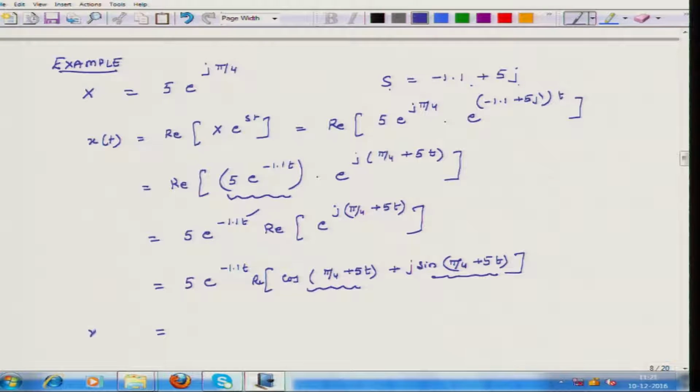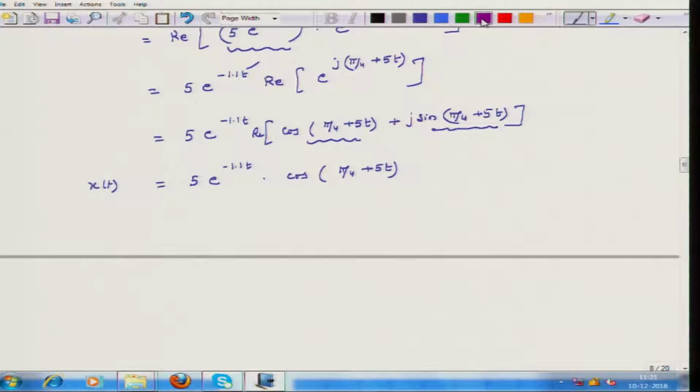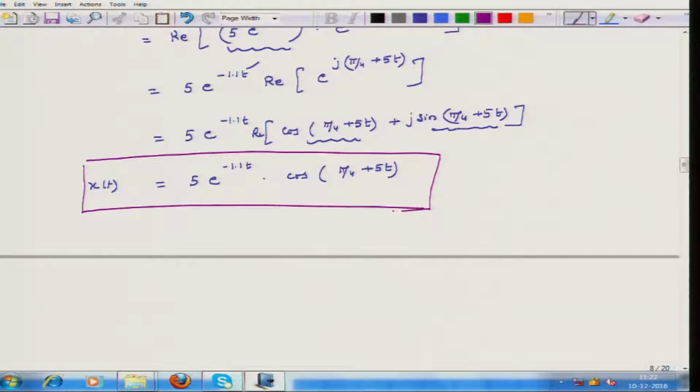So x(t) is 5 e to the power of minus 1.1 t times cosine of (pi over 4 plus 5t). That is the real time signal, and we have extracted that real time signal from the complex time signal.